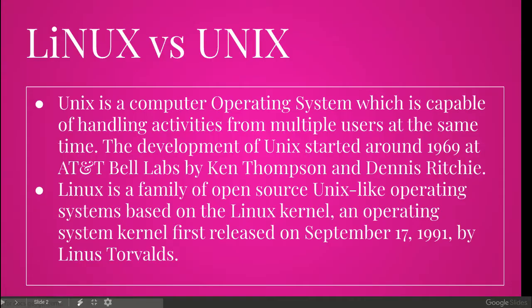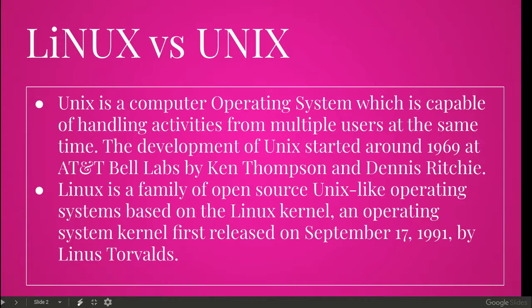So what Linux is, it's a Unix-based operating system which is capable of handling activities and multiple users at the same time. This was developed around 1969 at the AT&T Bell Labs by Ken Thompson and Dennis Ritchie.